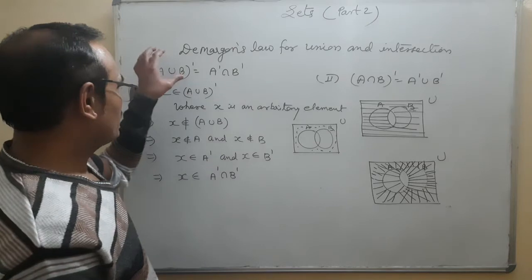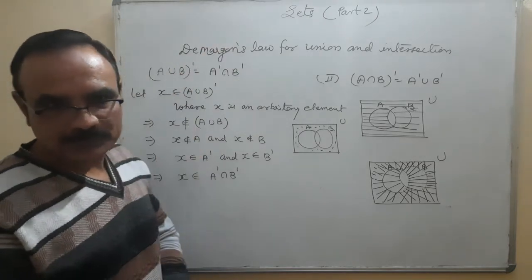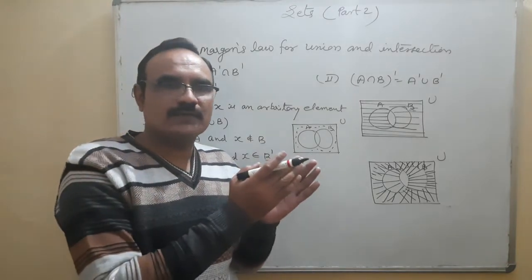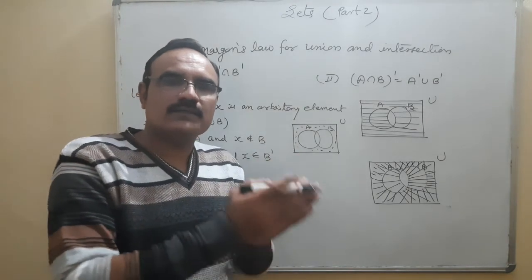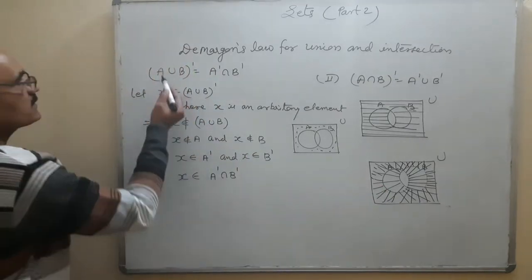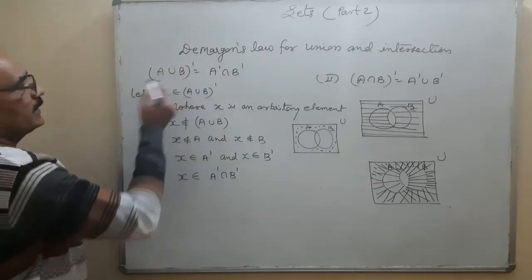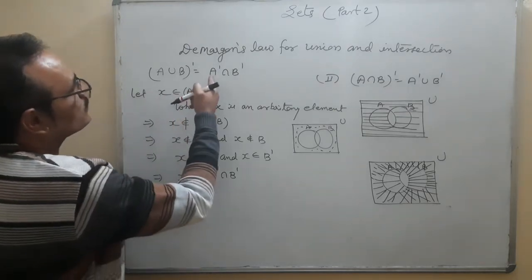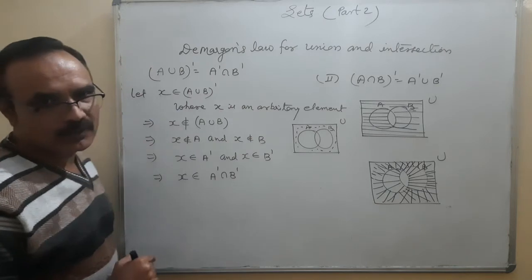What does it mean? This set is a subset of this one. Because what is the definition of subset? Every element of set A is the element of set B, then A is a subset of B. So here X is an element in (A union B) complement, and we have proved that the same element belongs to A complement intersection B complement.